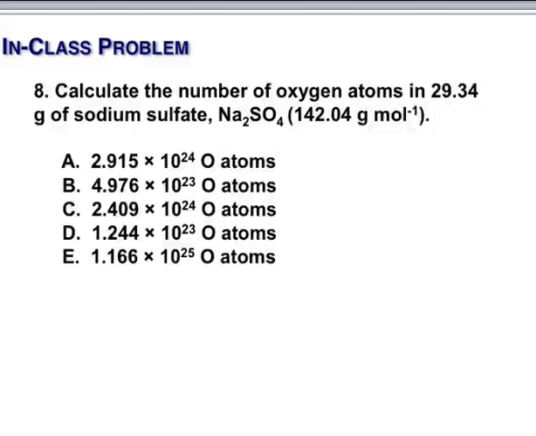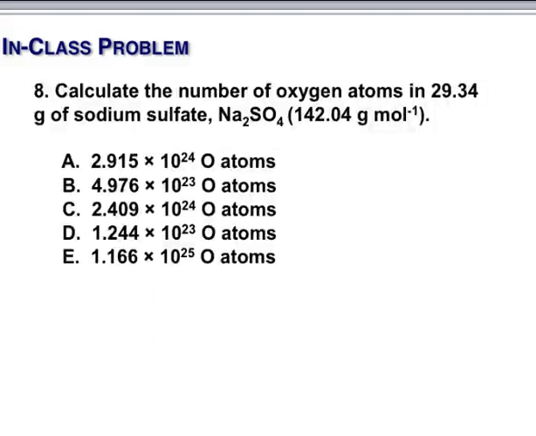Here we have sodium sulfate. We have 29.34 grams of it. How many oxygen atoms are there in 29 grams of sodium sulfate? Well, we know its molar mass, right?